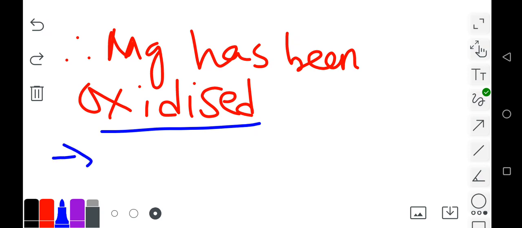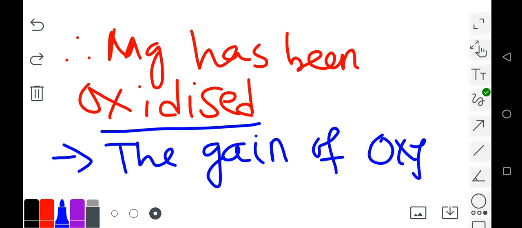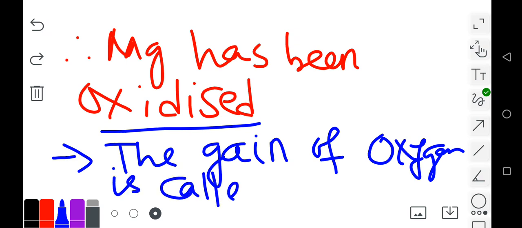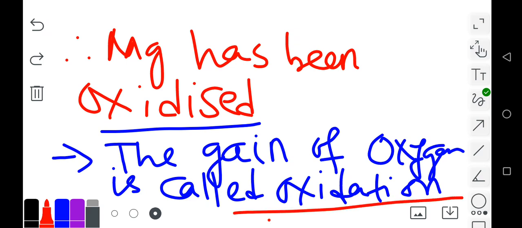So again, the gain of oxygen is called oxidation. Make sure that you understand that.